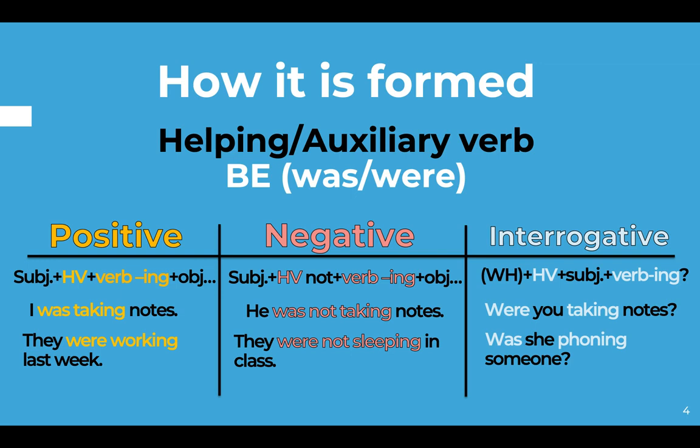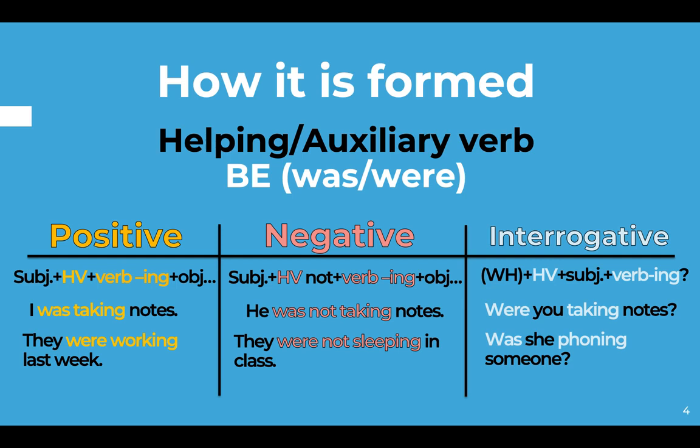Now what happens with questions? Interrogative. So with questions, if you need, we need the WH question word like who, how, where, when, etc. Then the helping verb, we said that it was or were. Then we need the subject plus ing verb.